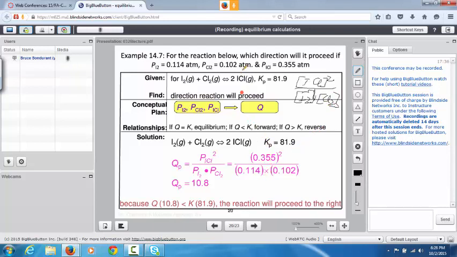So Q is, you put the 0.0355 atmospheres in, square it, and then you put the 0.114 atmospheres and the 0.102 atmospheres in the bottom, and you get 10.8. Well, what is KEQ? The Kp is 81.9, so clearly it will go in the forward direction because Q is less than KEQ.